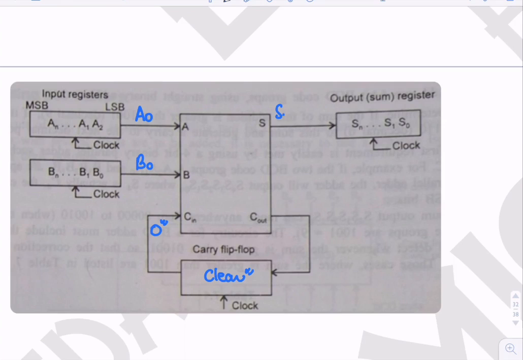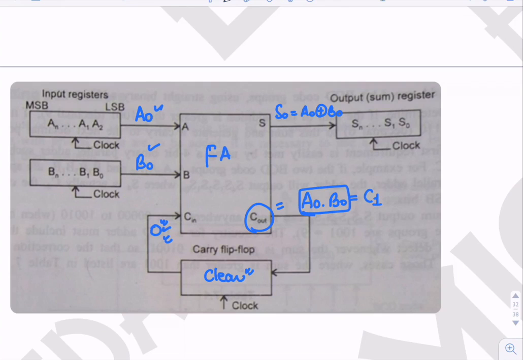So we will get S0, that is A0 XOR B0. We will get C output, this is the full adder. So it will produce the output corresponding to A0, B0, and 0. So it will be A0 into B0, because this Cin is initially 0. So we will get C1 here. So this is C1.